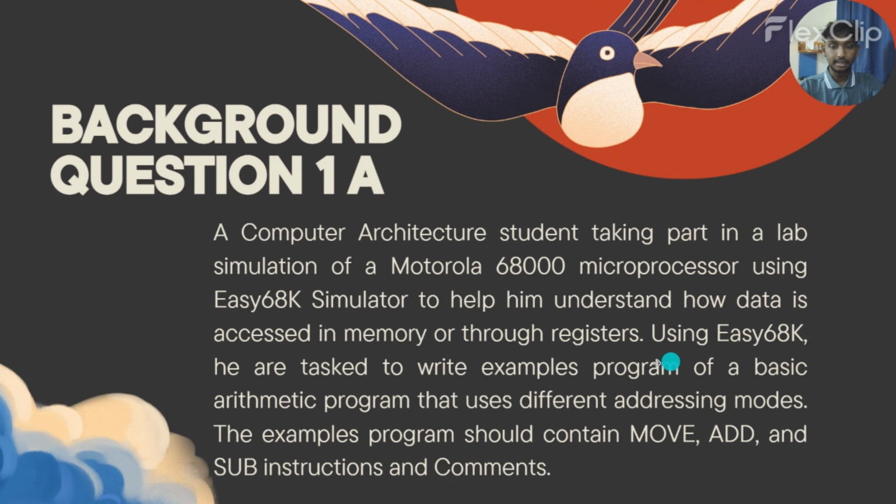Using Easy68K, he is tasked to write example programs of a basic arithmetic program that uses different addressing modes. The example programs should contain move, add, and sub instructions and commands.